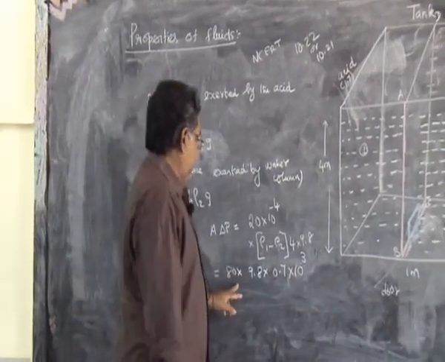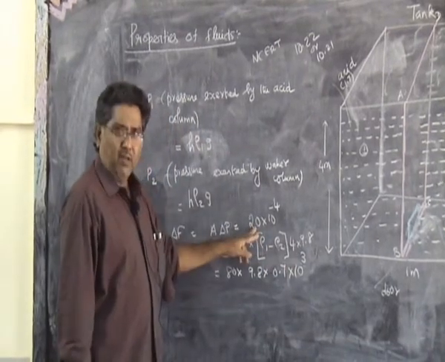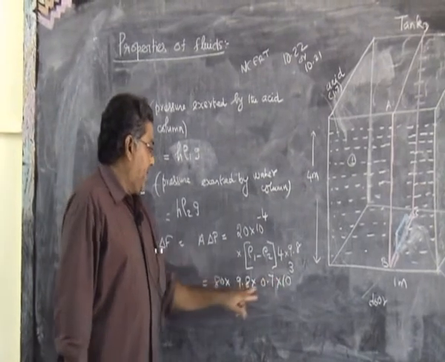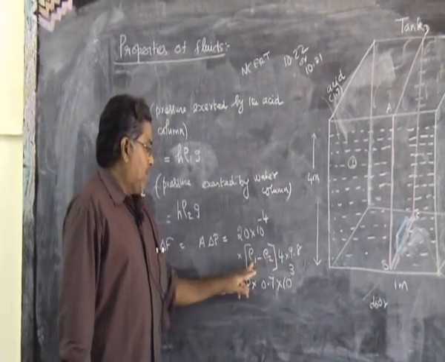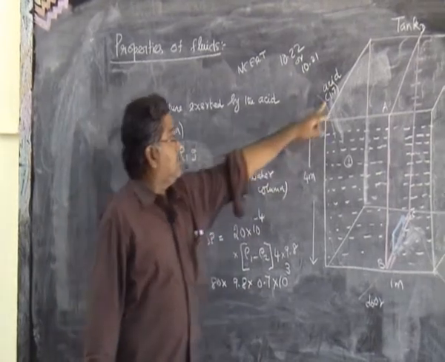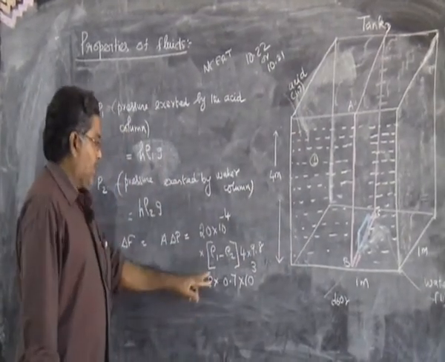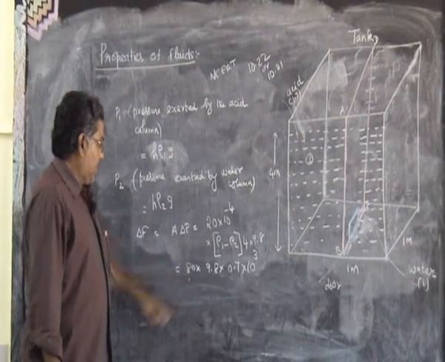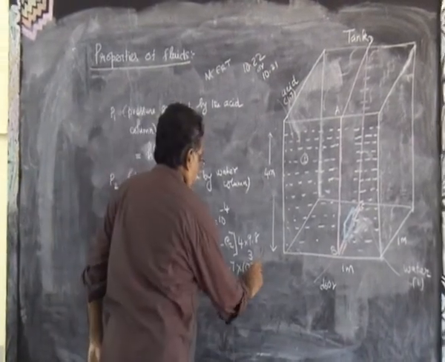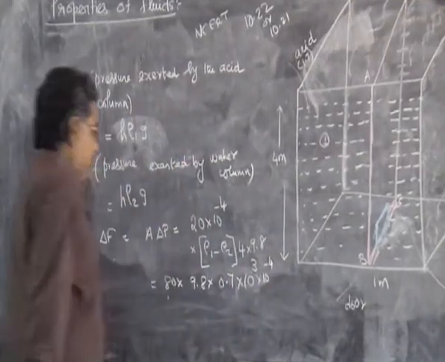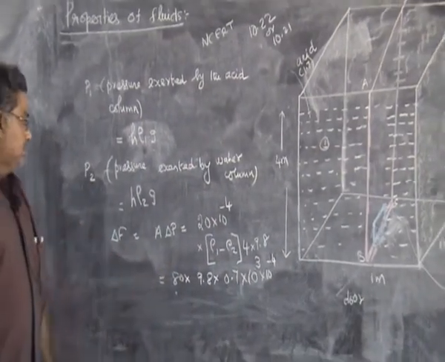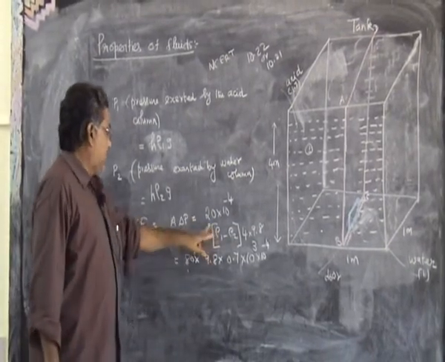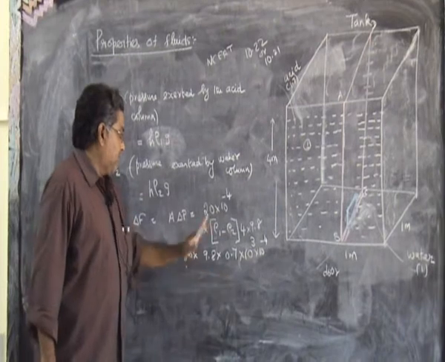So 80, and just multiply, just for simplifying the calculation: 80 into 9.8, into 1.7 minus 1, so 0.7 into 10 power 3. Anything left out? 10 power minus 4. So the whole thing, into this 10 power minus 4 I have written.